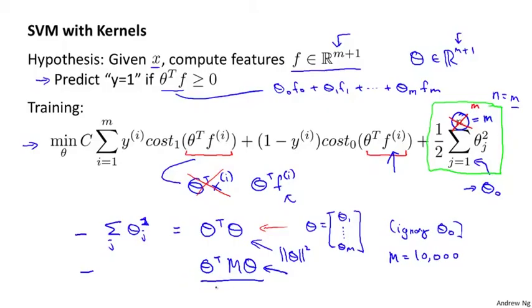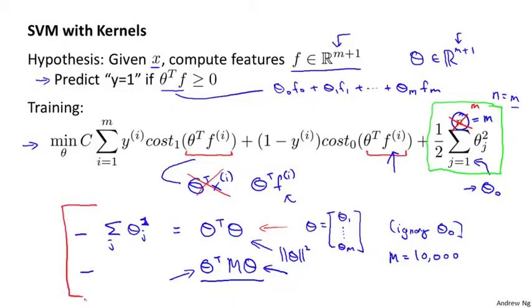Because of computational tricks like that embodied in how it modifies this, and the details of how the support vector machine software is implemented, support vector machines and kernels tend to go particularly well together. Whereas logistic regression and kernels, you can do it, but it's going to run very slowly, and it won't be able to take advantage of advanced optimization techniques that people have figured out for the particular case of running a support vector machine with a kernel.